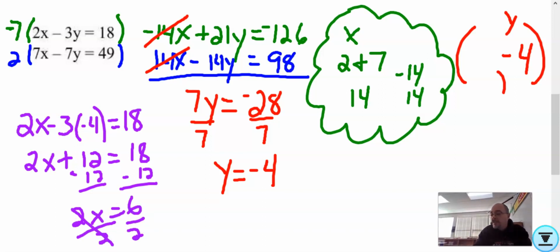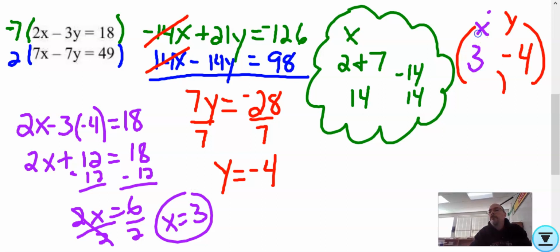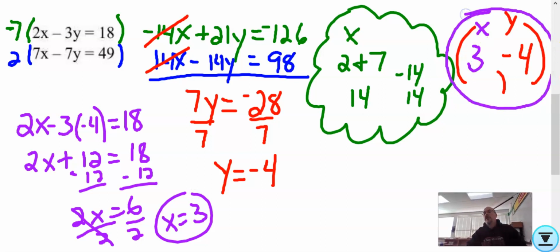Again, if I'm going too fast, hit the pause button. Oh, that looks like x is 3. So, ladies and gentlemen, those two lines cross at 3, negative 4.